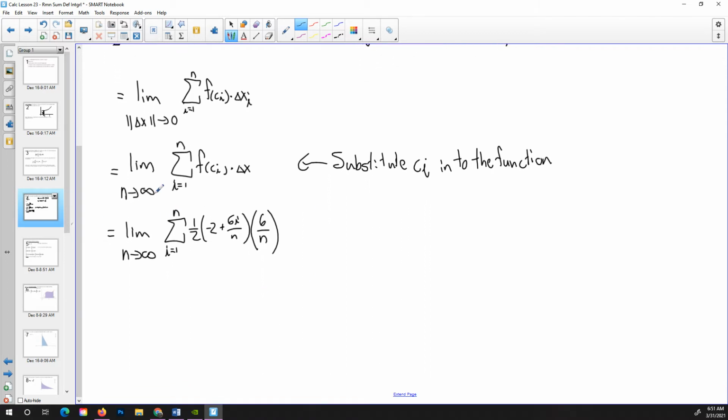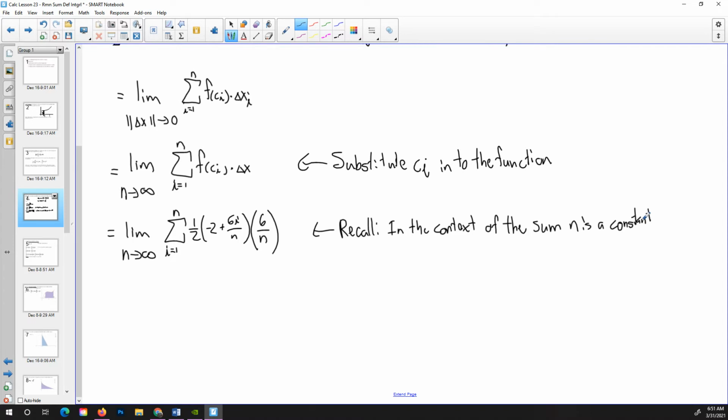This resembles something that we've already done. If you recall, in the context of the sum, n is a constant.